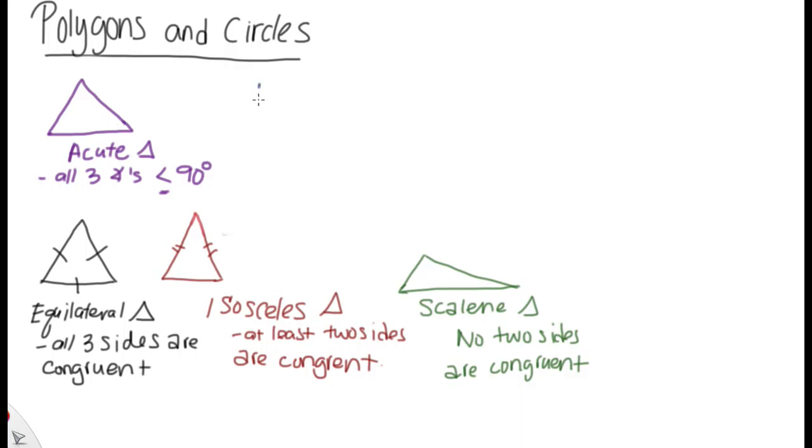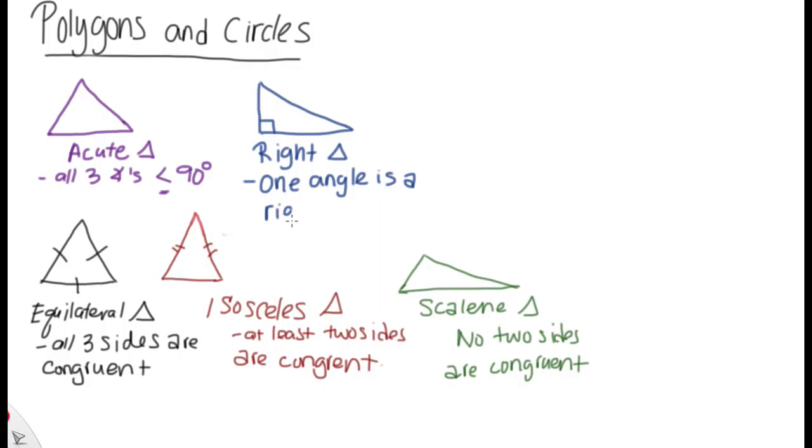A right triangle is a triangle with a right angle. Right triangle, one angle is a right angle.